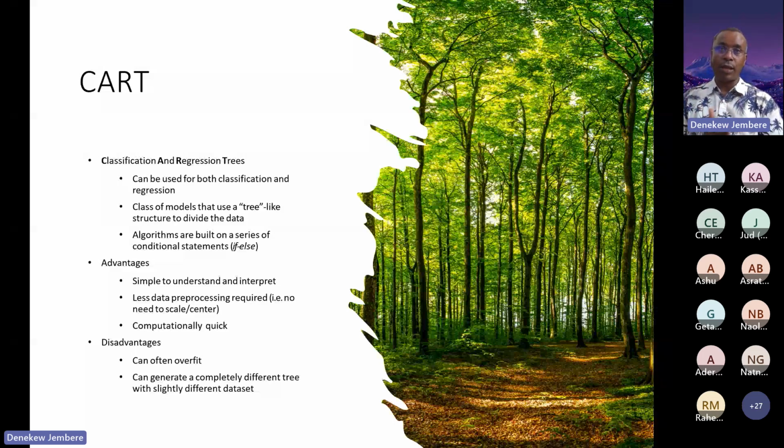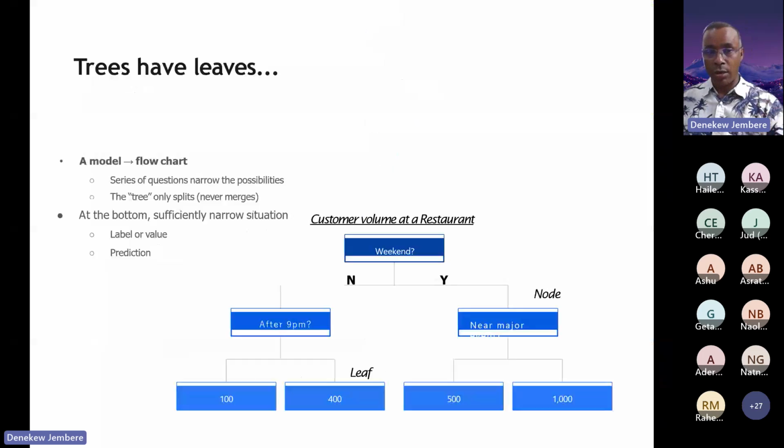The moment the center of the conditional value moves a little bit, the final tree that gets generated will be completely different for a slightly different data set. So it is prone to slight changes in the data set. So those are the disadvantages.